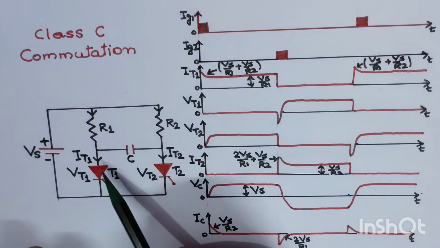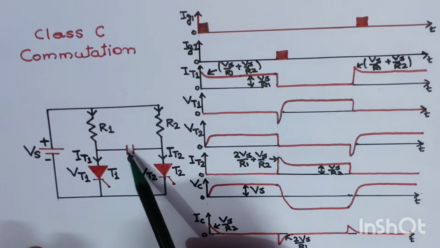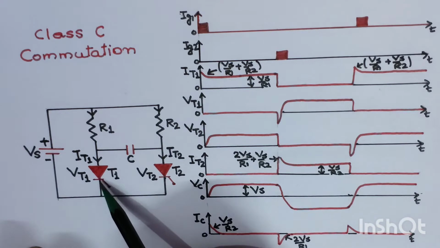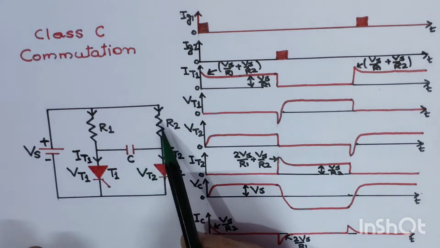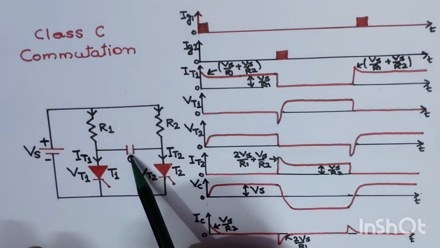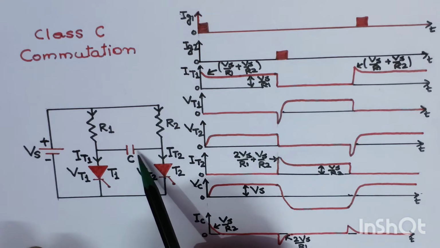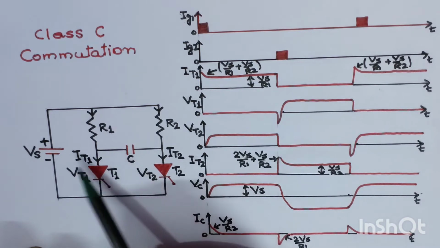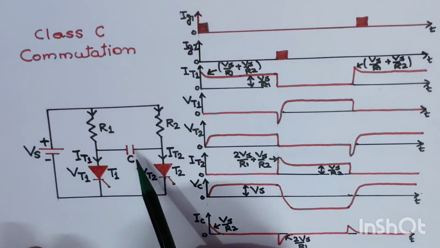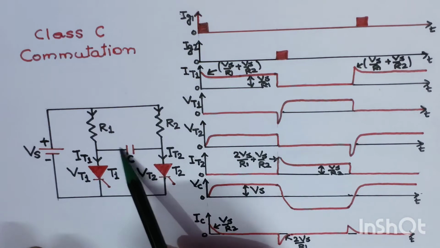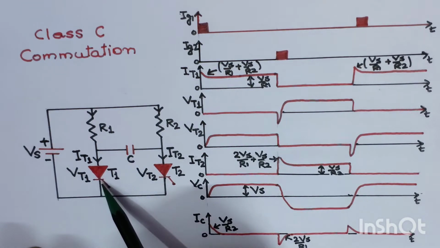Initially there will be two currents flowing across the thyristor T1. As soon as current starts flowing through capacitor C, the capacitor starts charging, and once the capacitor C is fully charged to the supply voltage Vs, the current flowing through it will stop.